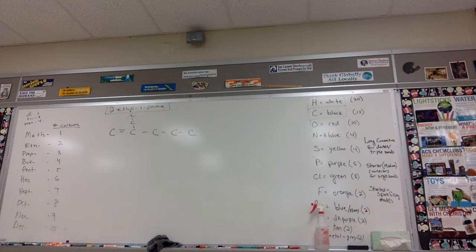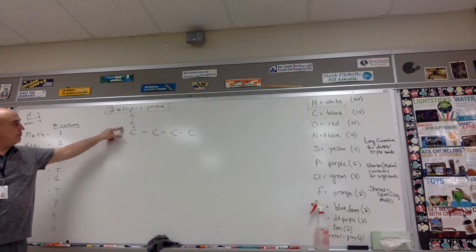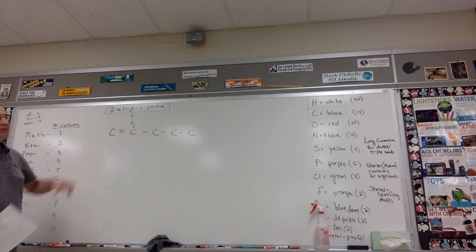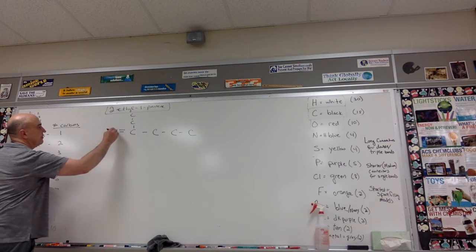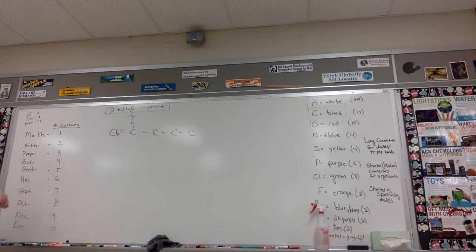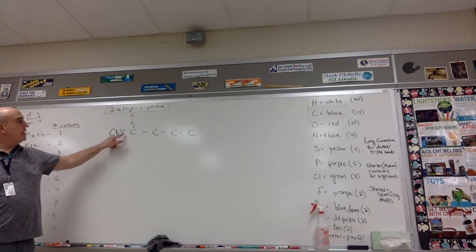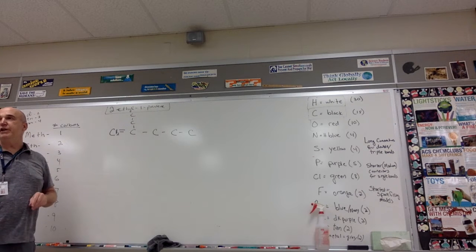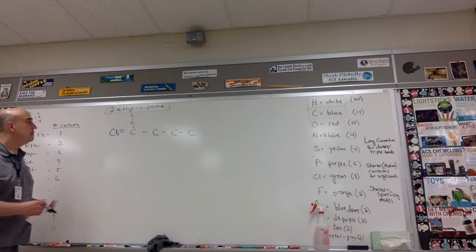To get the hydrogens, every carbon has to have 4 total bonds around it. So we figure out how many hydrogens we need by how many bonds the carbon still has. So this carbon already has 2 of its 4 bonds, right? It's a double bond. So we need 2 hydrogens on this one. So that's going to be a CH2. This carbon has all 4 of its bonds, so we don't need any more hydrogens on that one.